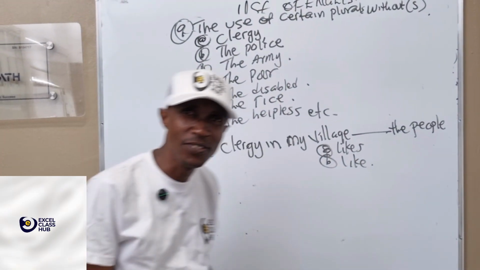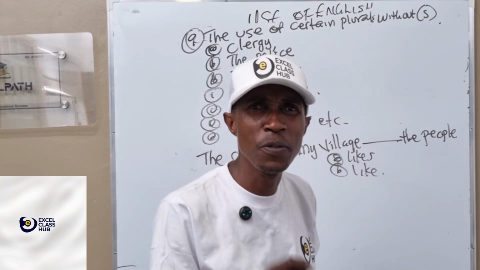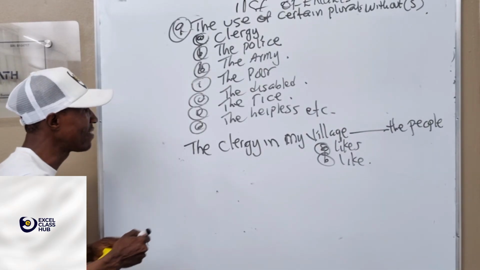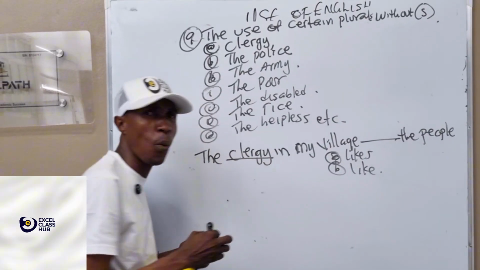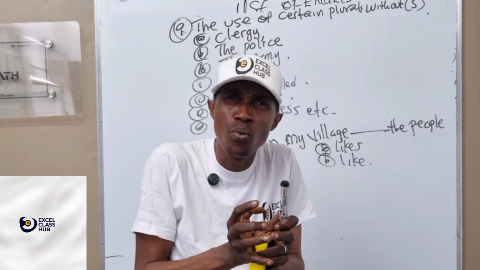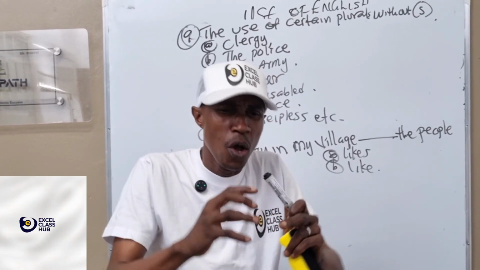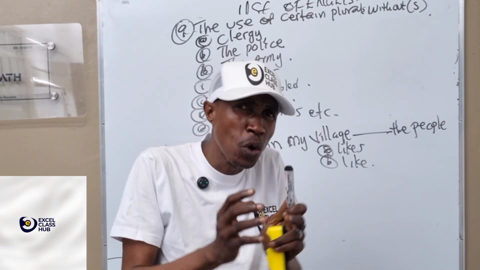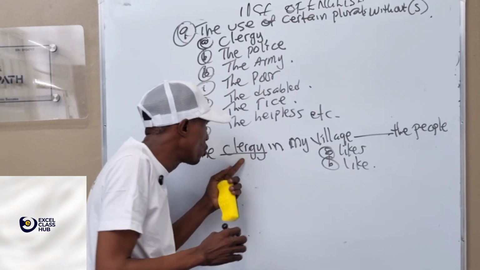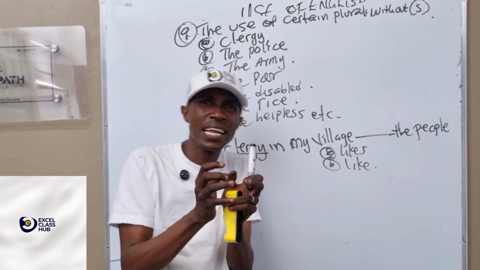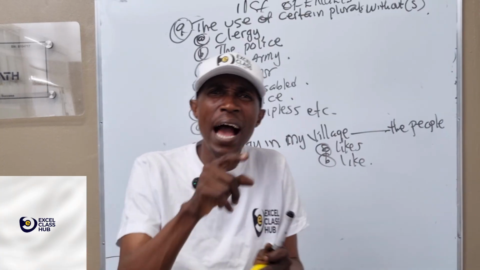The first question is, who are those being called clergy? Clergy here does not connote one person. Clergy means a group of people, or a group of pastors, or a group of ministers, or a group of imams, and so on and so forth. So in conclusion, whenever you see the word clergy, it connotes a plural noun.